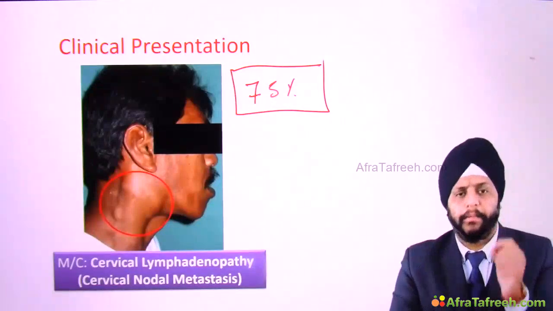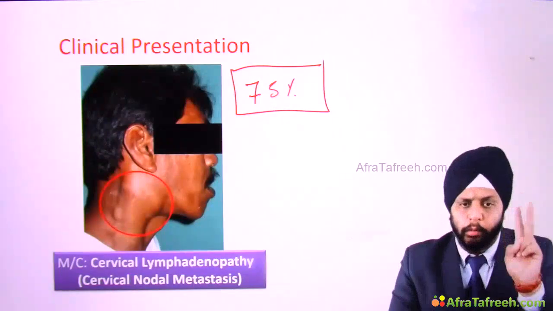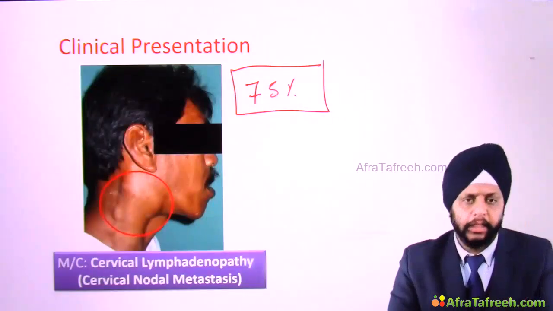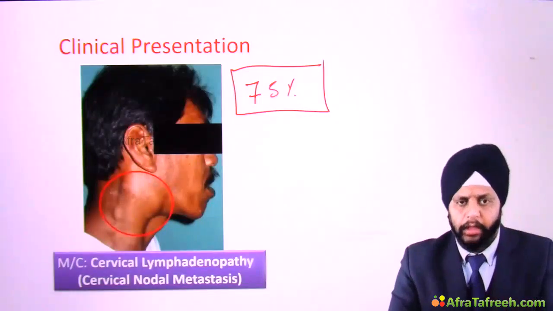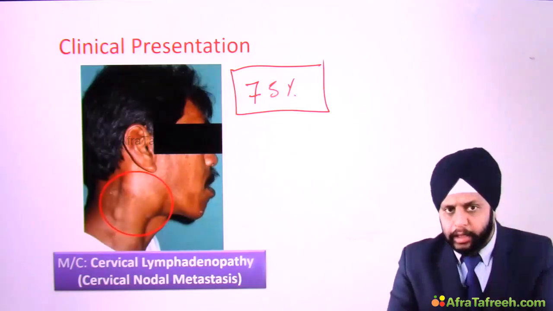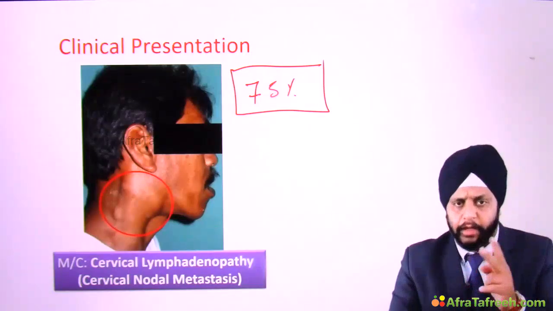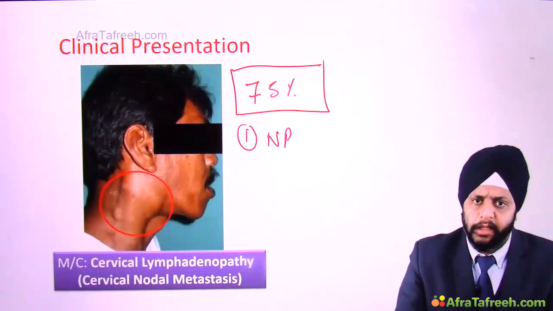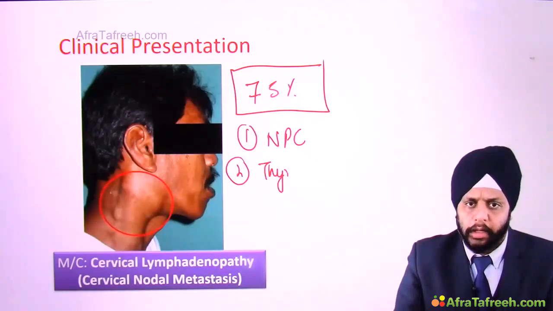But remember, there are two malignancies in our body in which lymph node metastasis does not affect the prognosis. Two malignancies in which the lymph node metastasis is early and yet the prognosis is good. Which are these two malignancies? Number one, of course, is NPC, nasopharyngeal carcinoma. Number two is thyroid carcinoma.